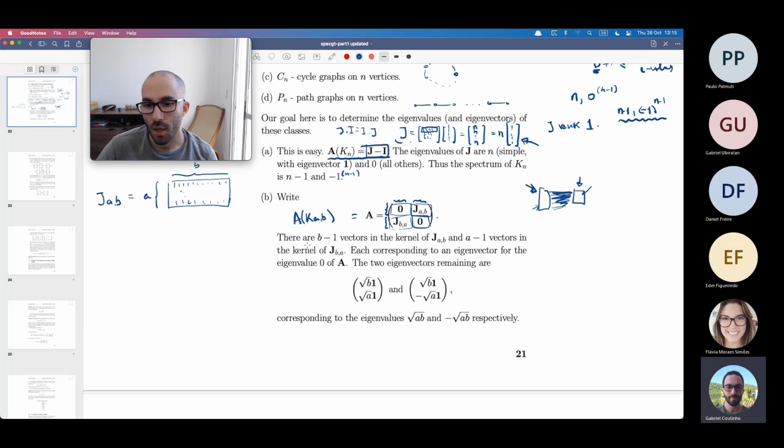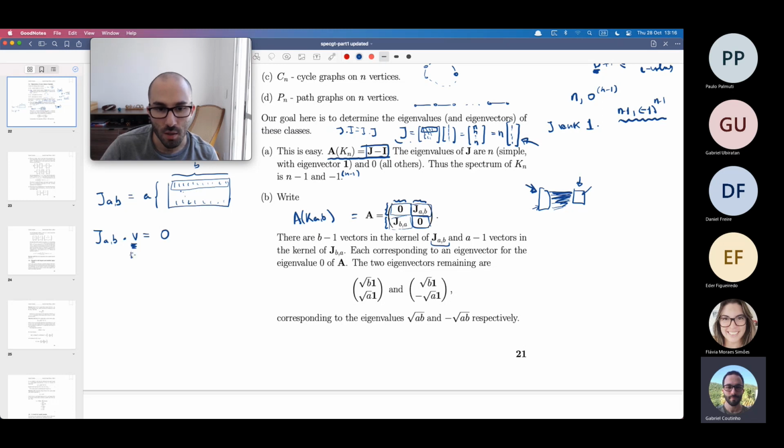Now, how many linearly independent vectors are there in the kernel of J_AB? So this has B 1s. If I multiply J_AB by something, and I get the 0 vector, it means that all the entries of this vector sum to 0.